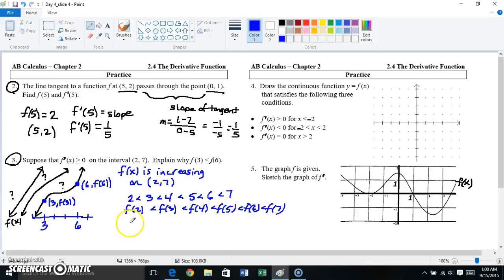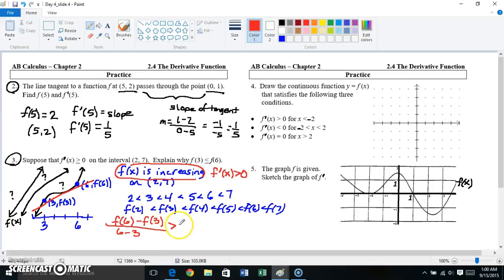Okay. The other way I would like to think about it is, if you take a look at the slope between these 2 points, I would figure out f of 6 minus f of 3 over 6 minus 3. Now I know since f of x is increasing, that f prime of x is positive.